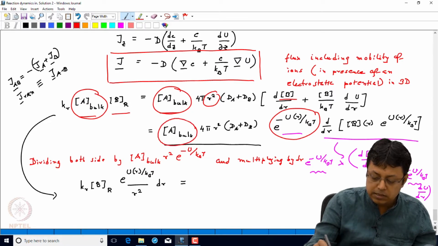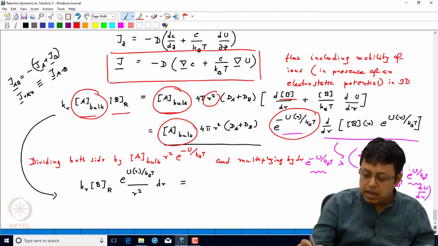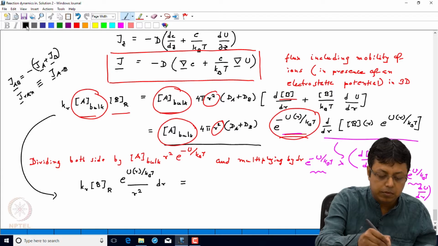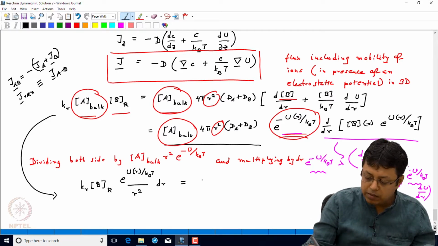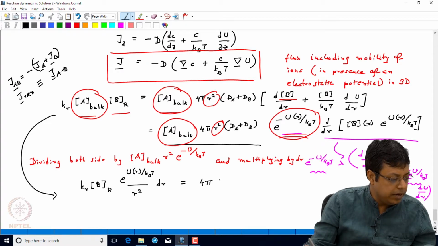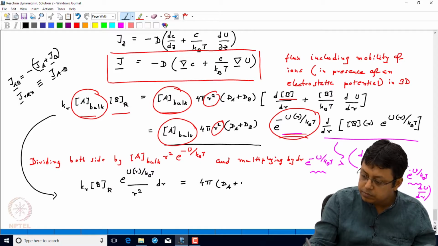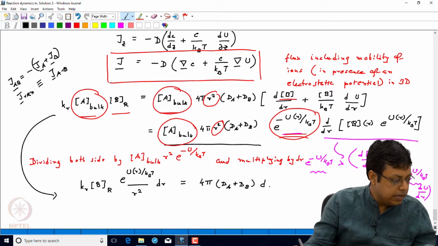This thing is already cancelled, and the r squared will also be removed. So what I'll have is 4 pi, dA plus dB.